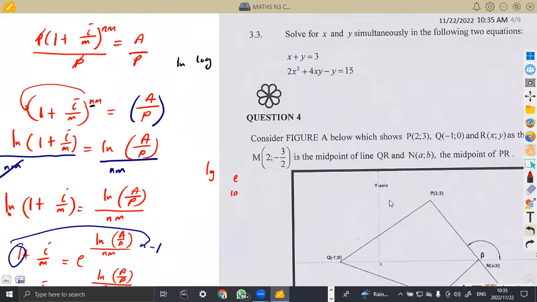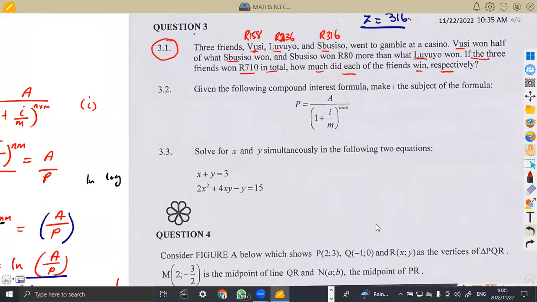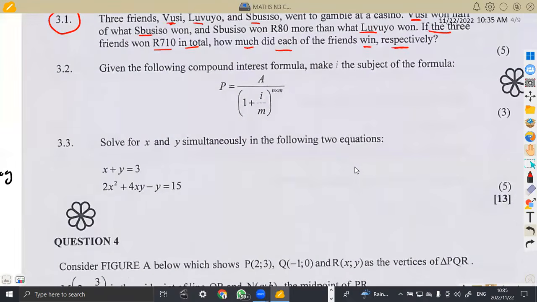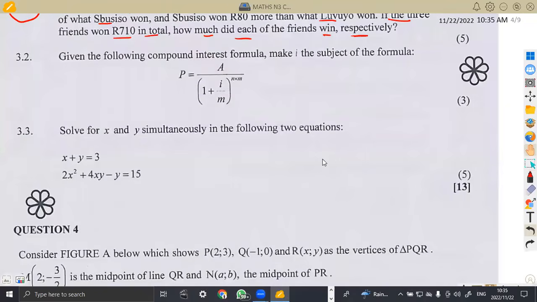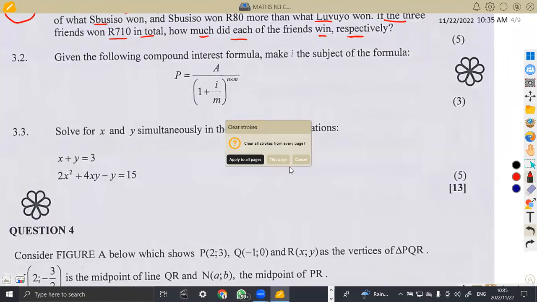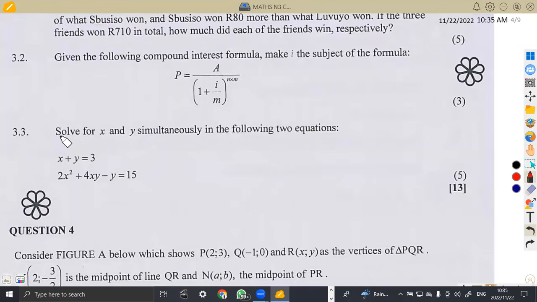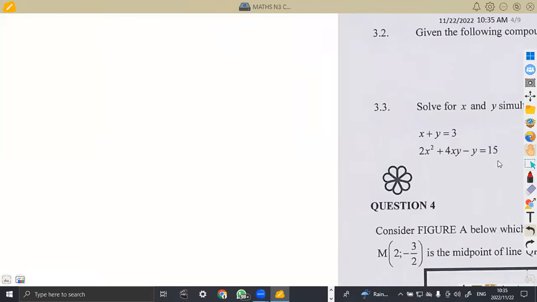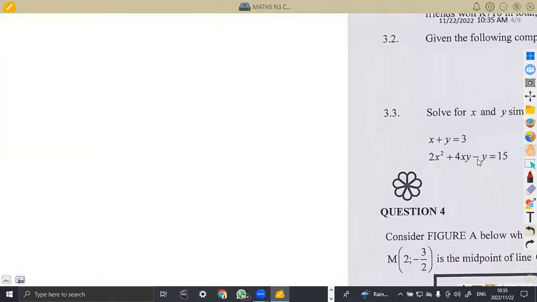Okay, anyways, let's see the other part, which was 3.3. You're supposed to know this part, guys. We are asked to solve for x and y simultaneously for the following two equations. If we cross-check, one is linear and the other one is quadratic.